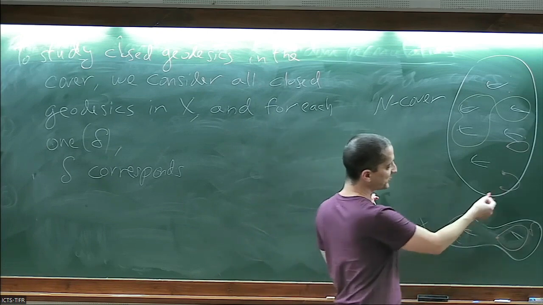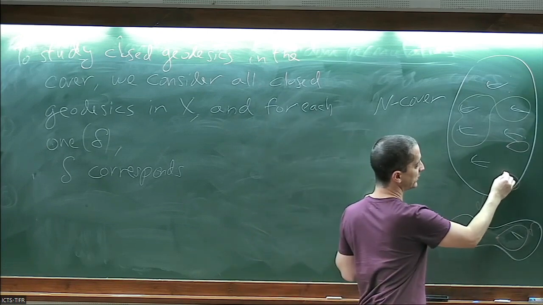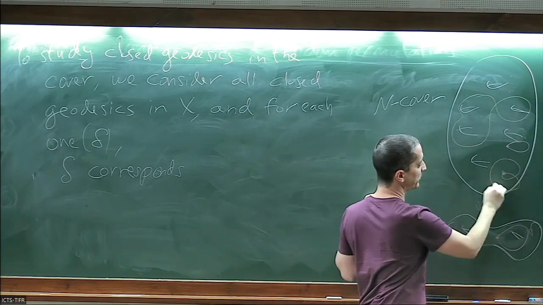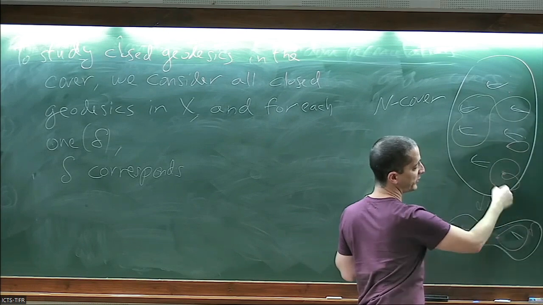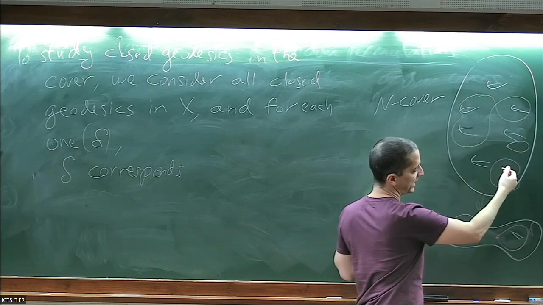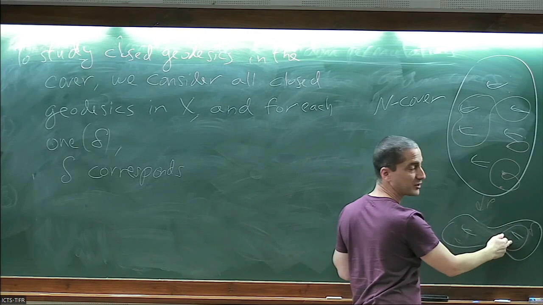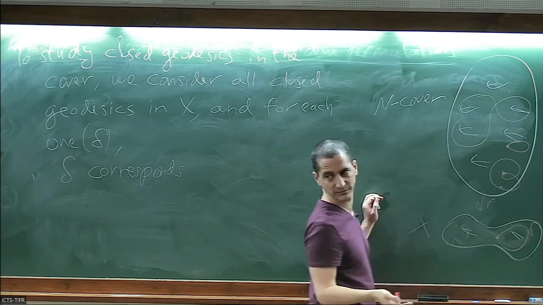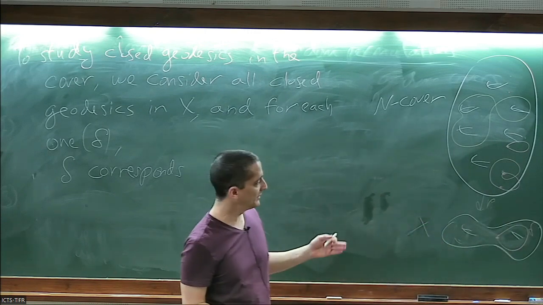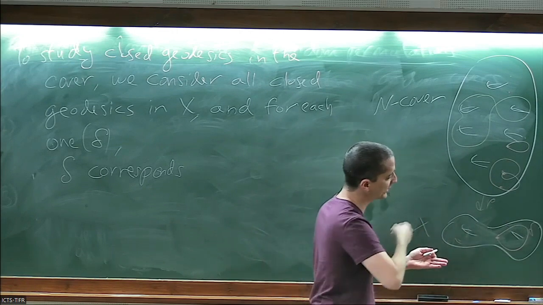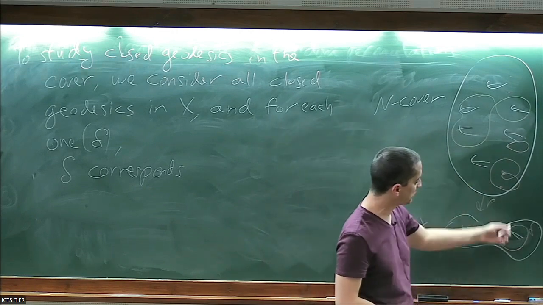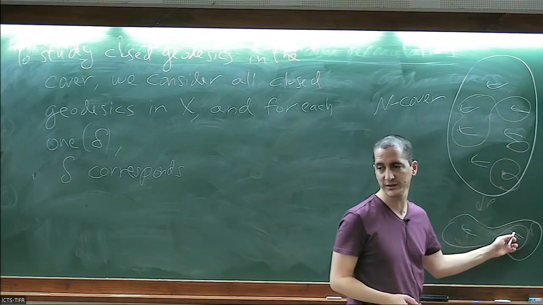If it's not a fixed point, perhaps it would look like that. Perhaps here it's a cycle of length 2. Then it will not correspond to delta. It will correspond to delta squared. So it's going to go over delta twice. So it will correspond to a power of delta, not to delta itself.